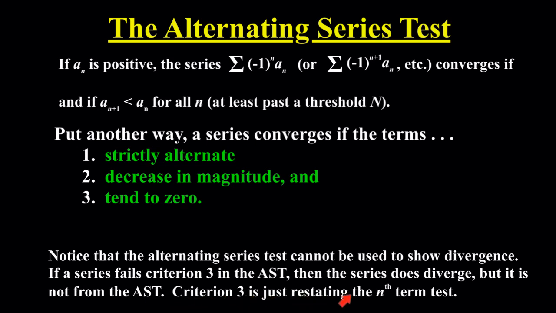Criterion 3 is just restating the nth term test, which means if you go back to one of the first tests that we did, in order to converge, your terms have to approach 0. So that's the nth term test. If your terms don't do that, then you're not going to be converging.